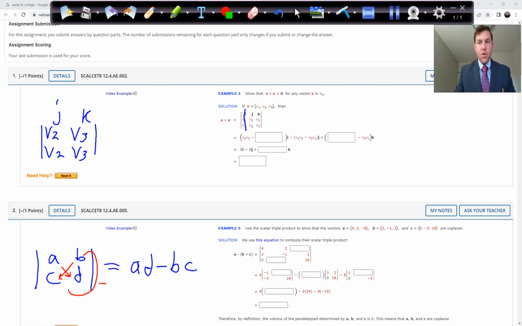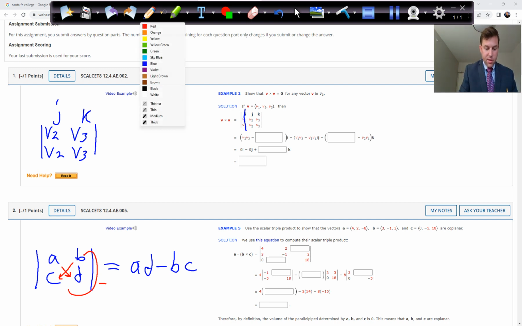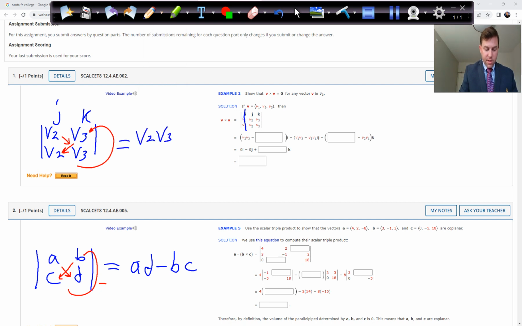So that's called a determinant. Okay, so if we apply that same approach here, the determinant would be V2 times V3 minus V3 times V2. So let's write that. That would equal V2 times V3 minus V3 times V2.